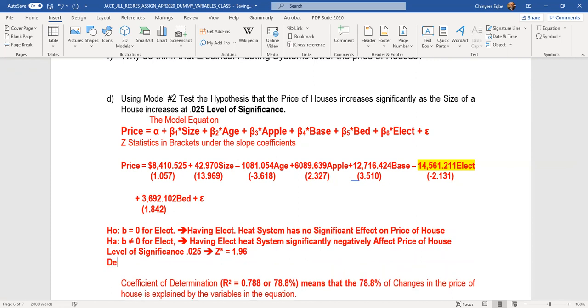And so the decision rule: if Z is greater than or equal to Z star, then that means we reject the null hypothesis that B for electrical system is equal to 0.